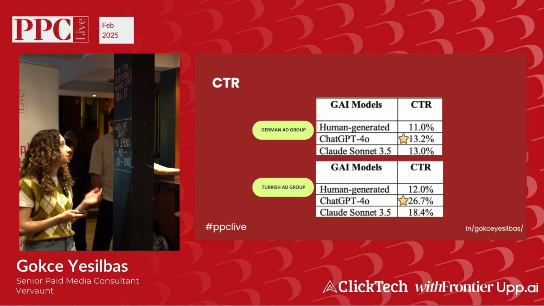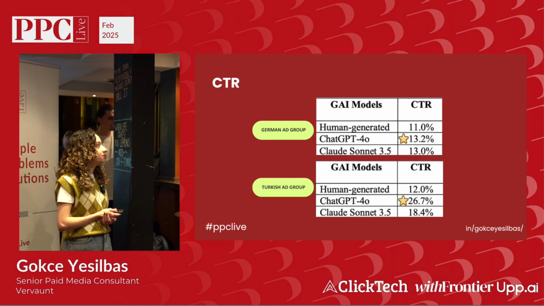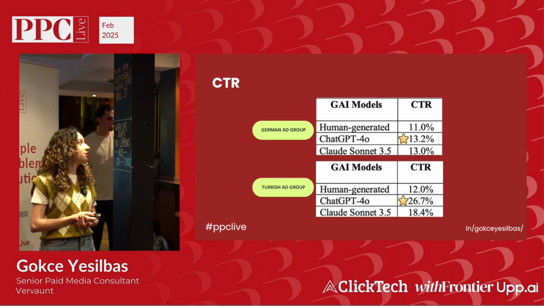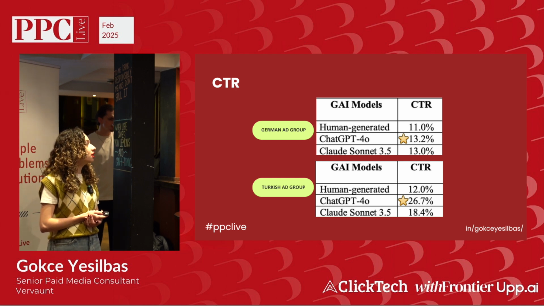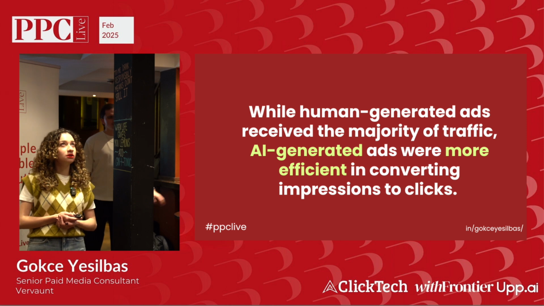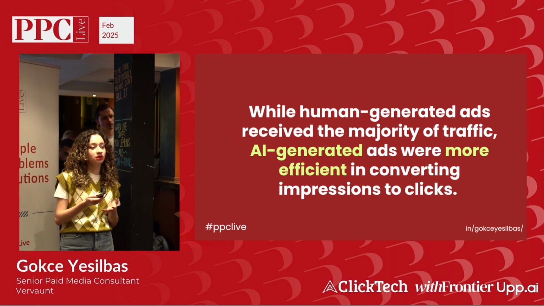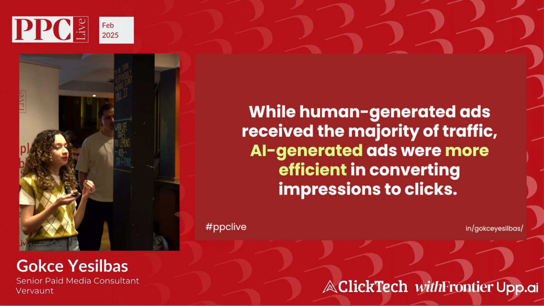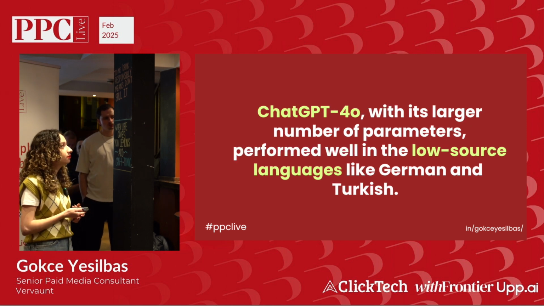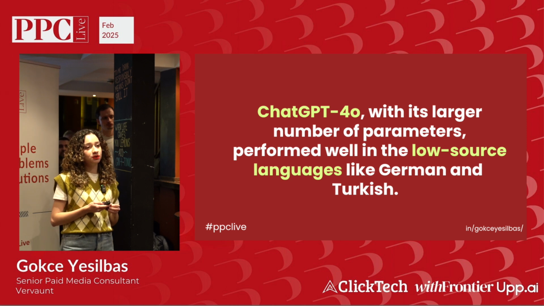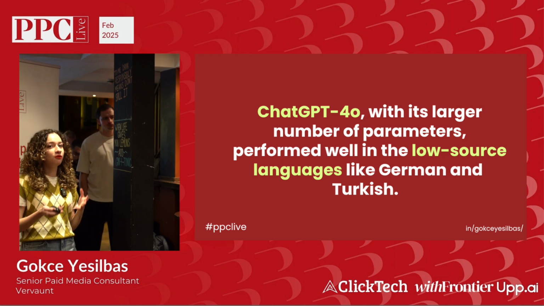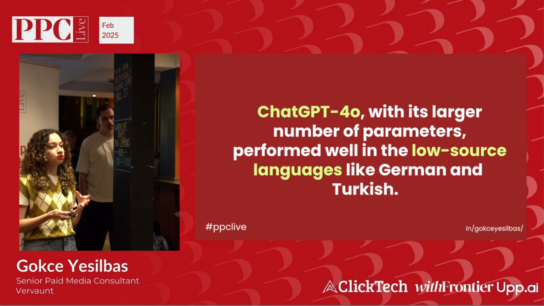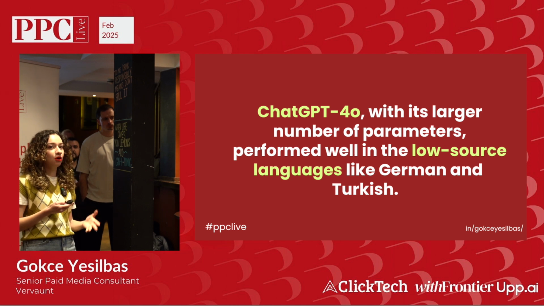But when we look at the CTRs, ChatGPT was the winner for German and Turkish ad copy. So while human-generated ads generated more traffic, AI-generated ad copies were more efficient. And ChatGPT 4o also performed well in low-resource languages like German or Turkish.